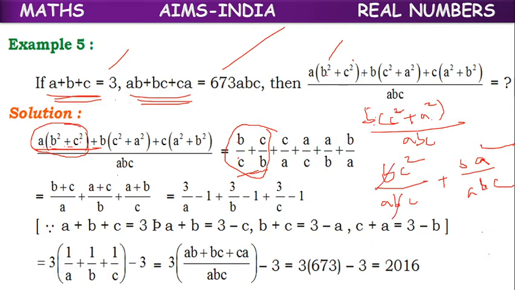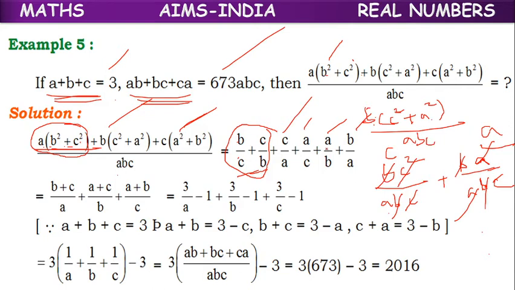So b gets cancelled. Upside c square, 1c will remain, c by a. Here b gets cancelled, a square, 1a will remain in the numerator, denominator c, a by c. In the same way, third one also, a by b plus b by a will come.